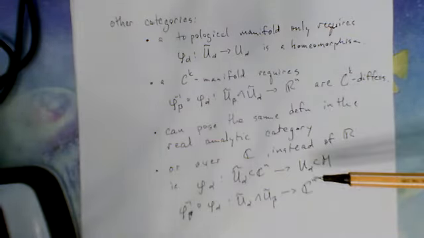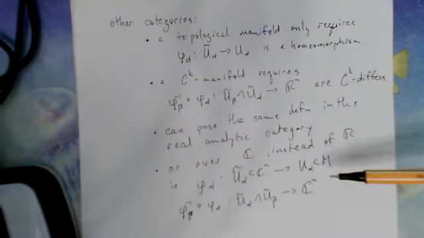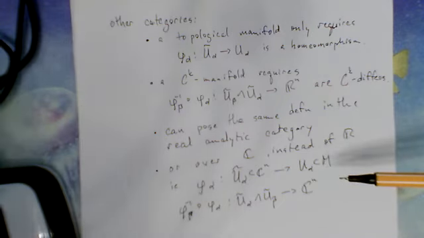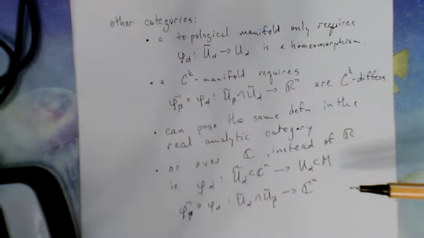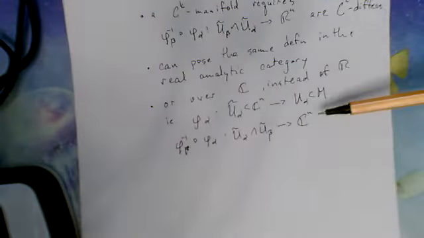And the theory of complex manifolds is very, very different from the theory of real manifolds. You can see that just by understanding the difference between a real valued function being differentiable and a complex valued function being differentiable. Those two notions are vastly different.